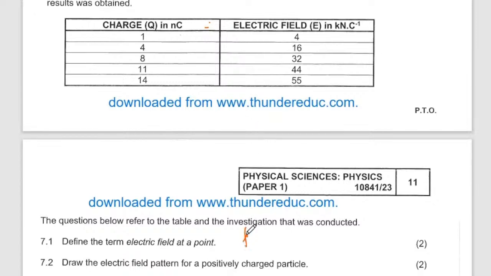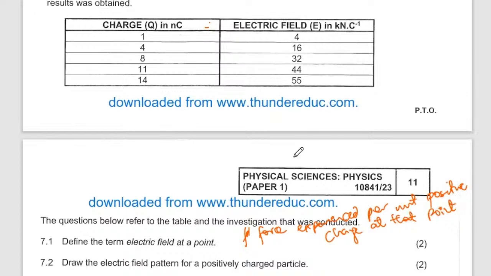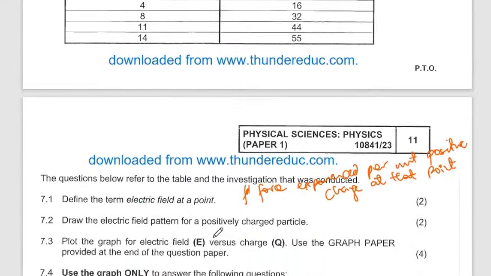So this is the force experienced by a unit positive charge at a point. When you check out the videos on statics, you get that definition. Then they want us to draw the electric field pattern for a positively charged object.